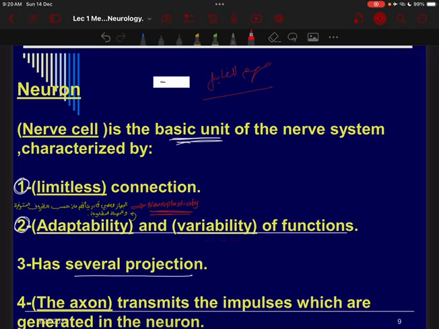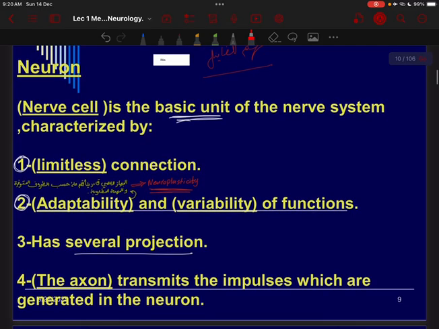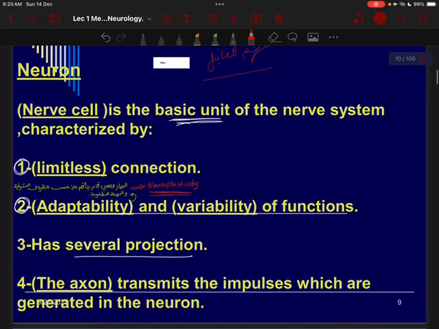It has a variety of functions and could adapt itself to certain functions of the nervous system. Number three, it has several projections, and one of these projections, the main one, is the axon. Through that axon, it transmits the impulses which are generated inside the neuron body.